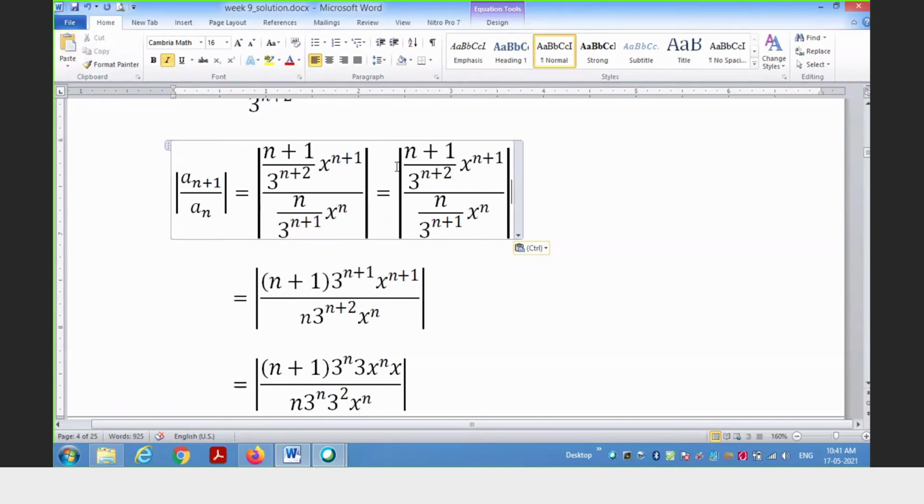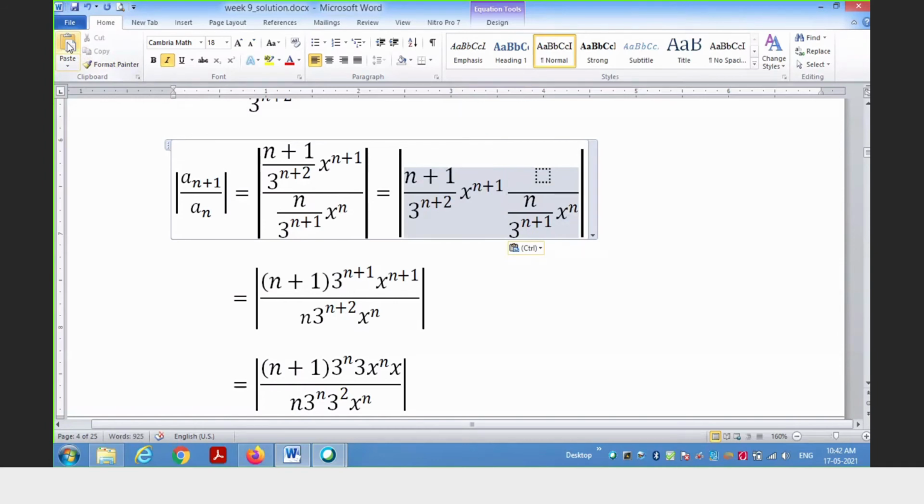It will be like this. And then we divide by this.